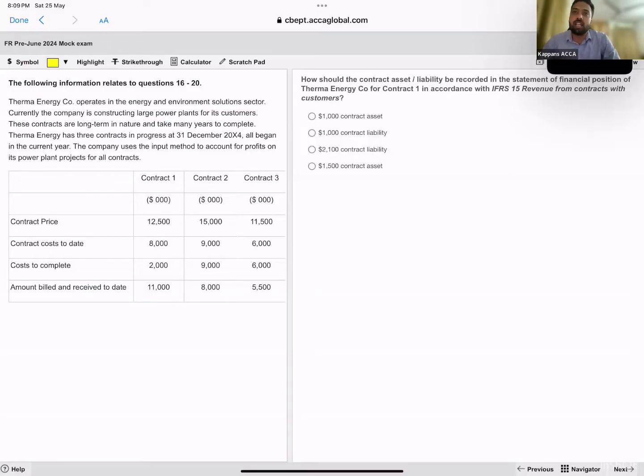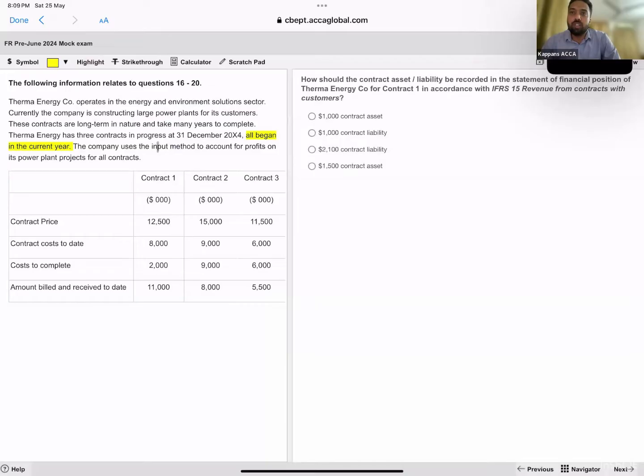Therma Energy has 3 contracts in progress at 31st December X4, all began in the current year. This is very important because the contracts have begun in the current year. So when you calculate revenue in SOPL, total contract price into percentage of completion minus revenue recognized in previous year, there is no previous year.